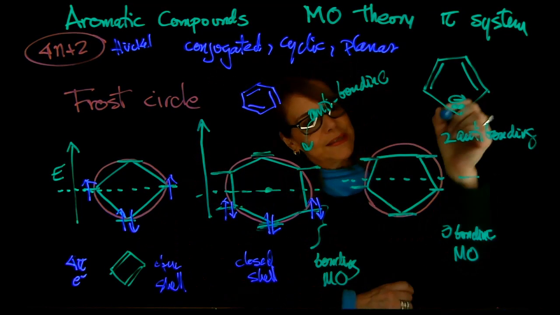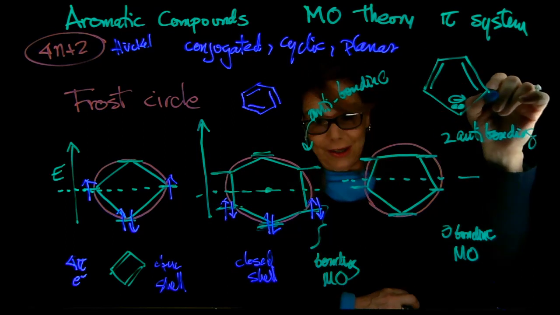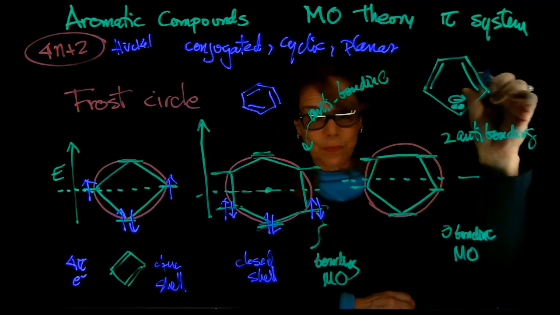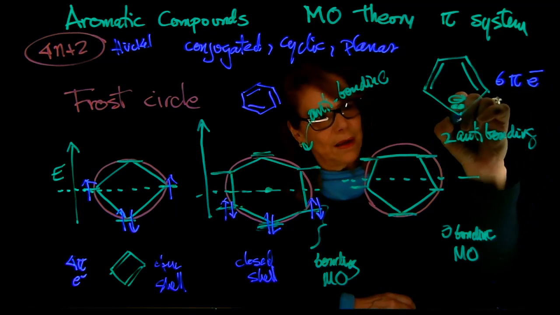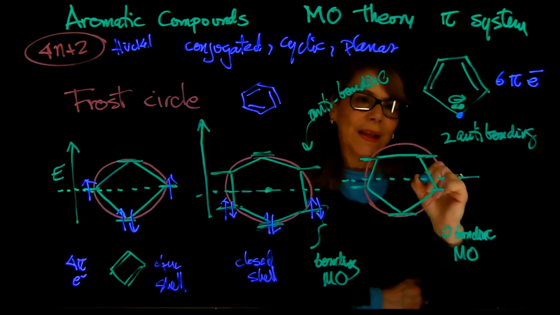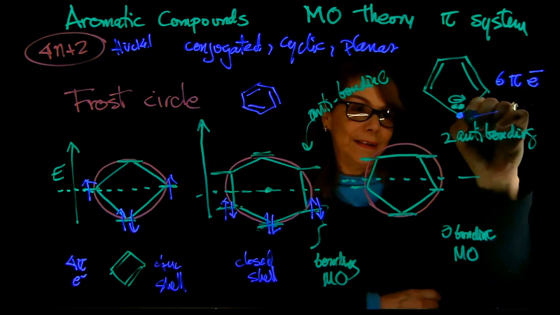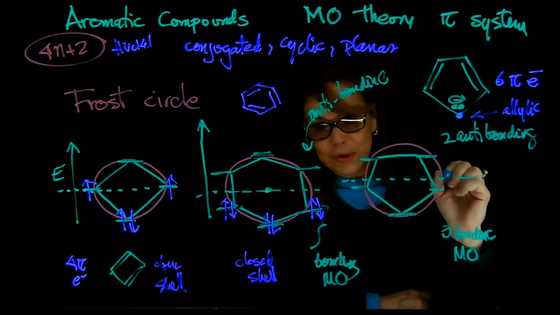And if we see the cyclopentadienyl anion, we have 2, 4, 6 pi electrons, 6 pi electrons. And the carbon right here, notice that it is next to a double bond, so it is at an allylic position. So it's also sp2 hybridized.